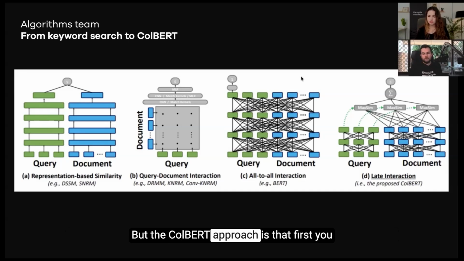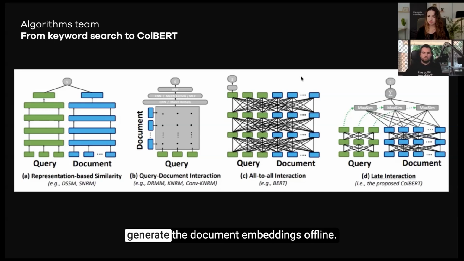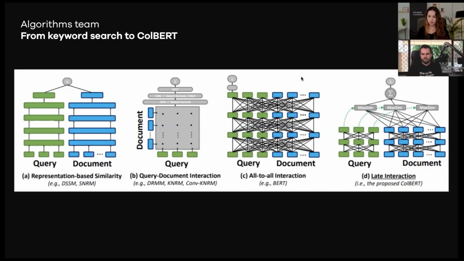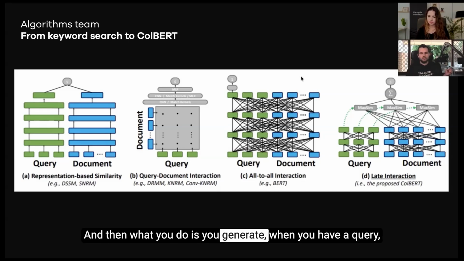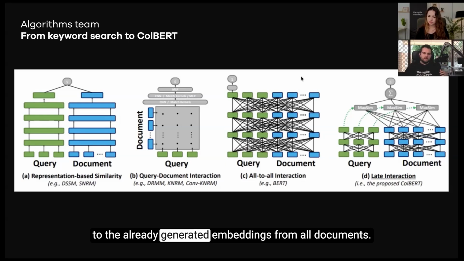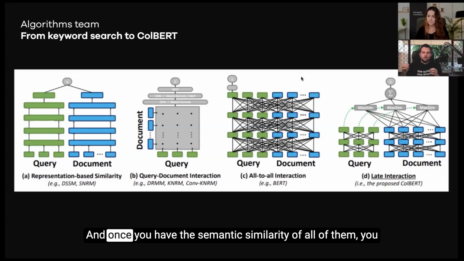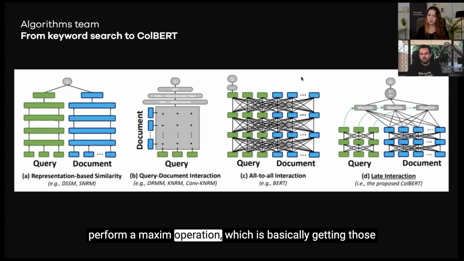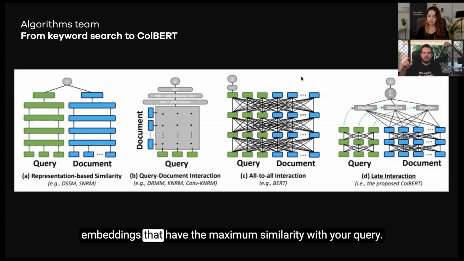But the ColBERT approach is that first you generate the document embeddings offline, so before releasing your application. And then when you have a query, you generate the embedding of that query and compare it to the already generated embeddings from all documents. And once you have the semantic similarity of all of them, you perform a maxim operation, which is basically getting those embeddings that have the maximum similarity with your query.